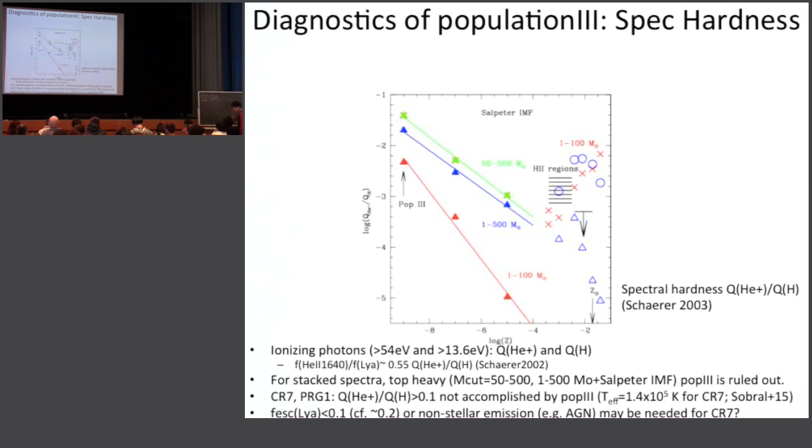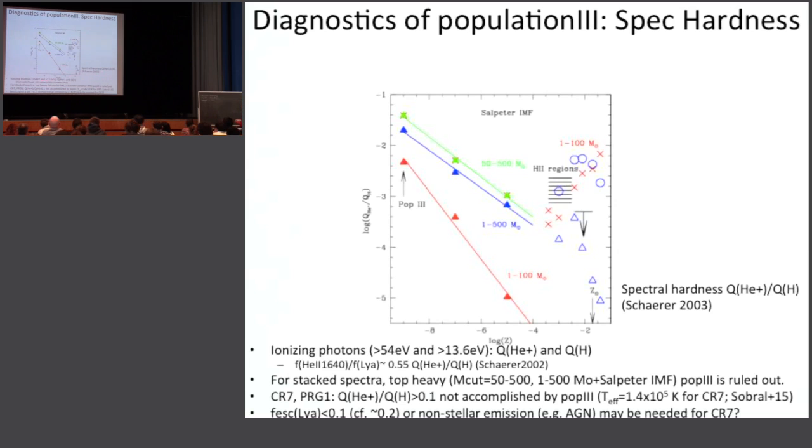And here, I think this diagram is quite powerful to diagnose Population 3. The y-axis is the spectral hardness, defined by the number of helium-plus ionizing photons divided by the number of hydrogen ionizing photons.